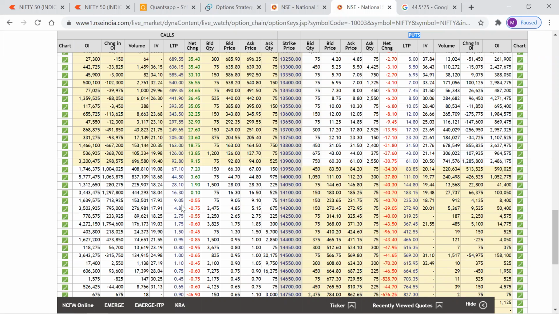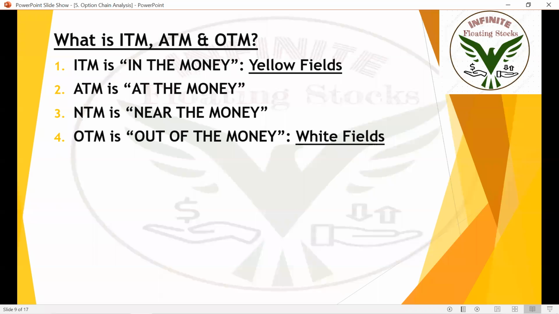Okay. I'm pretty sure you guys are very clear with the white area and yellow area. Yellow areas are called in the money, white areas are called out of the money. Okay. So strike price, same. Spot price is nothing but pretty close to the last traded price of Nifty. Similarly, at the money is nothing but a spot price or spot strike, which is closer to the last traded price of Nifty or Bank Nifty, whatever stock or index you choose.